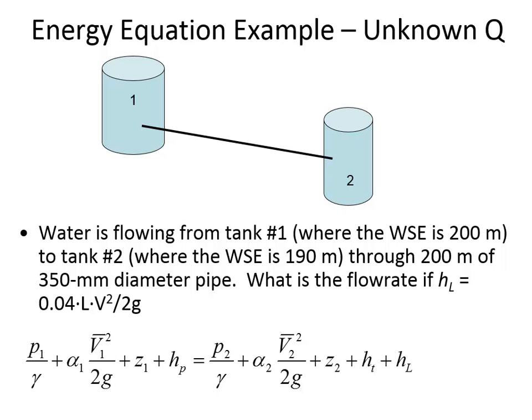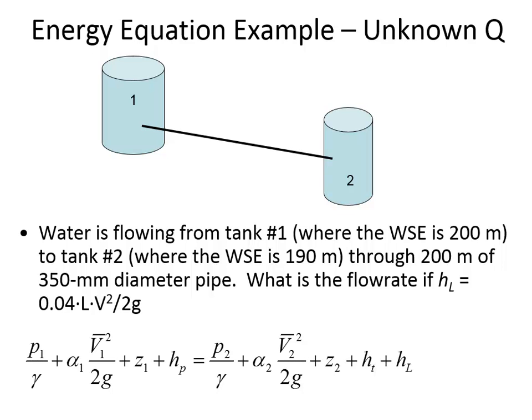All right. So this kind of an equation here, it says the head loss is going to be defined as 0.04 times the length of the pipe times the velocity squared divided by 2g. And the reason for that is that, next semester when we really get down into it, we're going to use the Darcy-Weisbach equation to calculate the head loss. And that is head loss is f L V squared divided by D 2g.